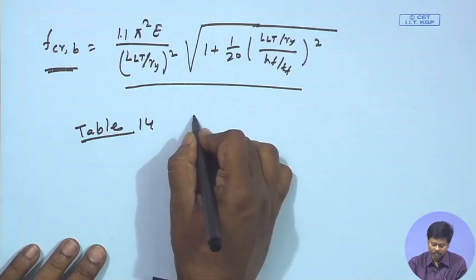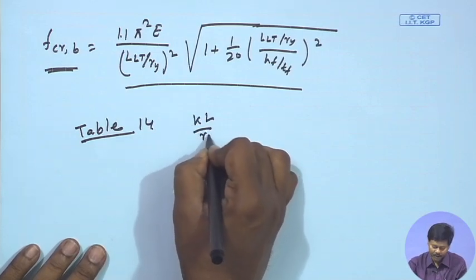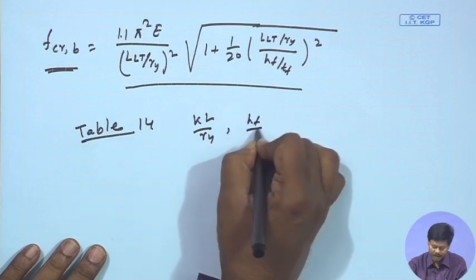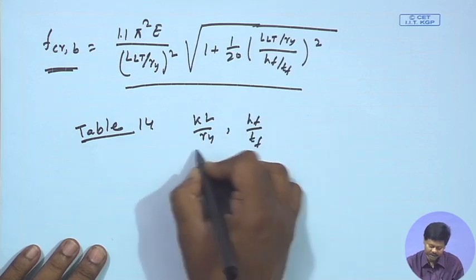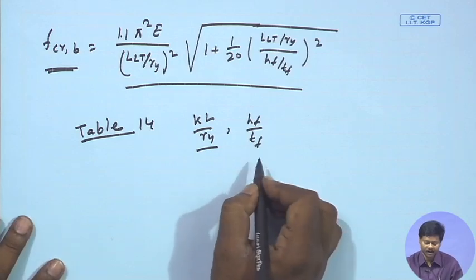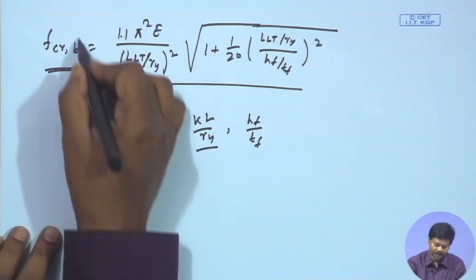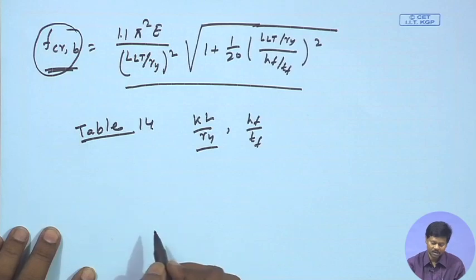Instead of calculating all this, we can find out the value from table 14 of IS 800/2007 with respect to KL by RY and HF by TF. So, for different values of HF by TF and KL by RY, we can find out the value of FCRB in table 14.